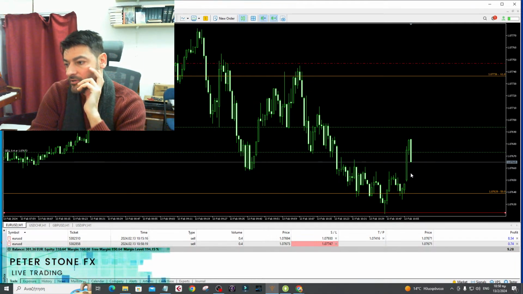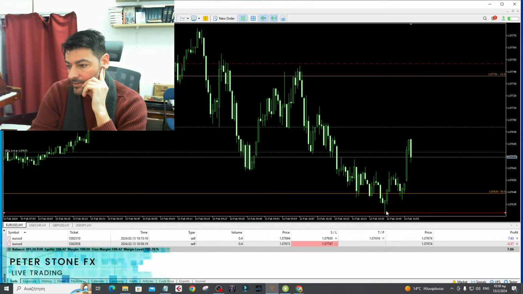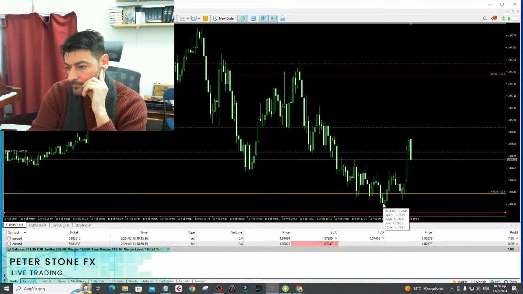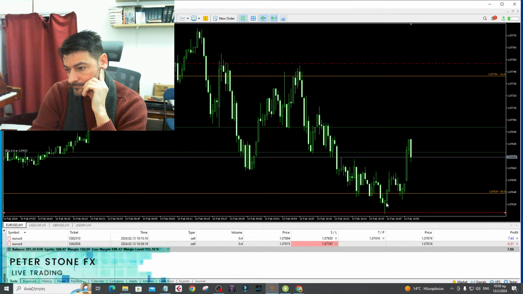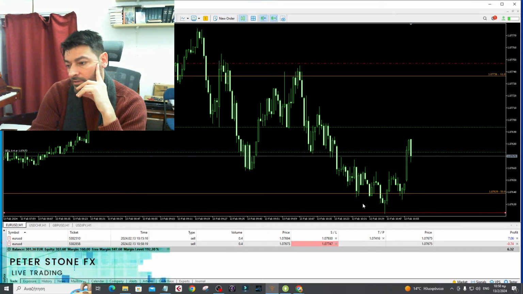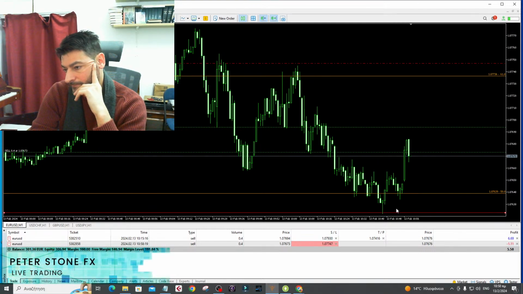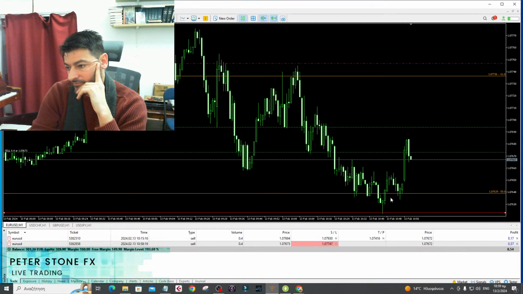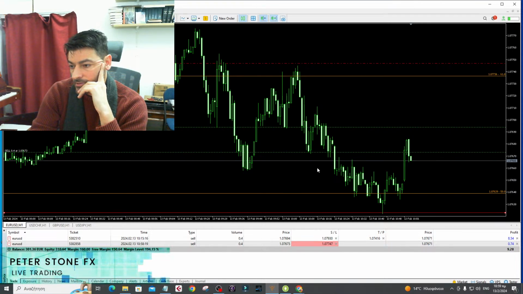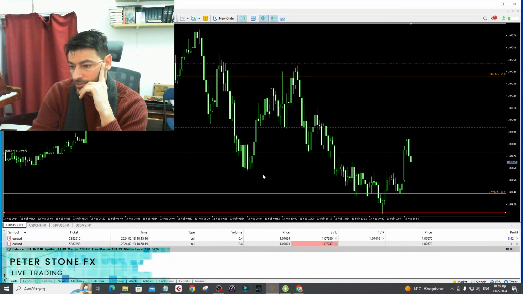Yes, you see now, but here you have a swing low. Nope, it's not a swing low. You don't have wicks left and right, you only have right. So yes, this is a fair value gap, but we have broken market structure here.